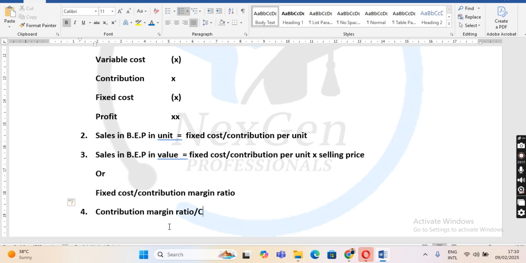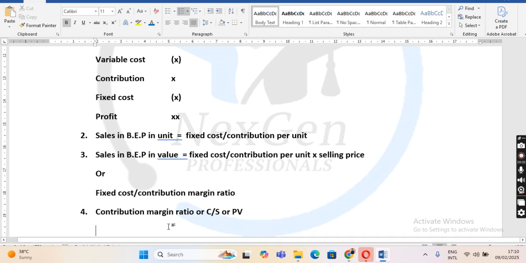They can call it CS ratio, that is contribution to sales ratio. If they don't call it CS ratio, it could be PV ratio, right? These are the names they call it.